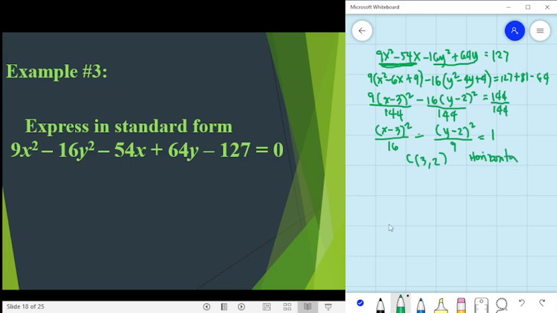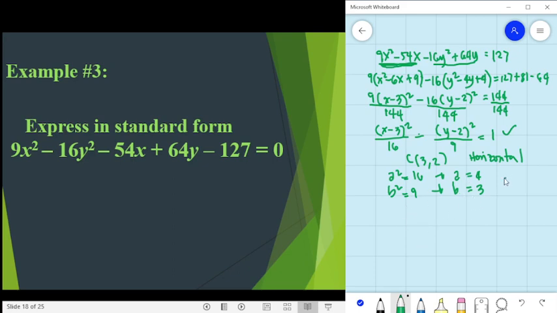Okay, so from here, we have expressed it, and this is already our answer. But let us elaborate further: our a squared is 16, giving us the value of a equal to 4. And our b squared is 9, giving us the value of b, which is 3, or plus minus.